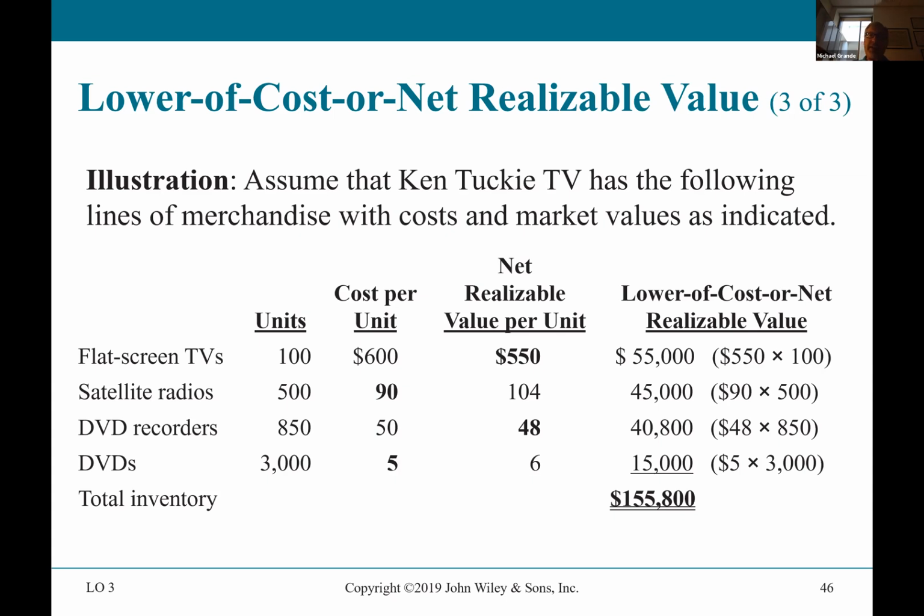The cost is $90, net realizable value is $104. We're going to use cost because cost is lower. The DVDs, they've got 850 of them. You can see the net realizable value is less than cost. We use the lower of, use the $48. And then lastly, they've got 3,000 DVDs. The cost is $5, net realizable value is $6. You're going to stay with the cost, lower of, at $5.